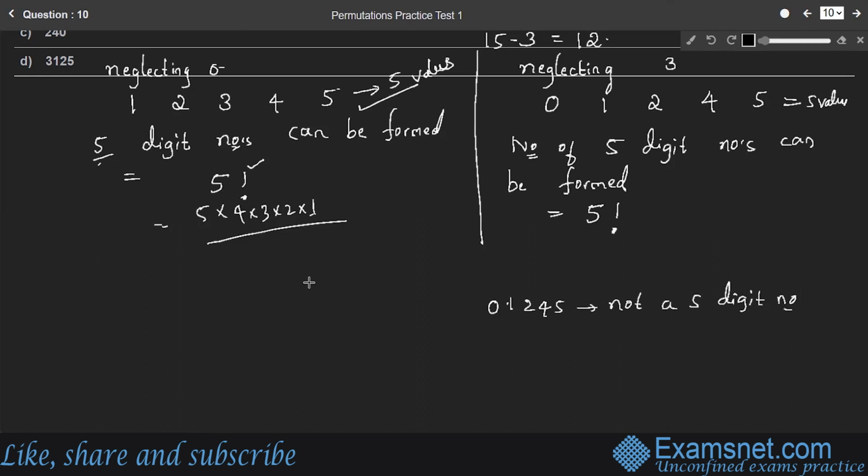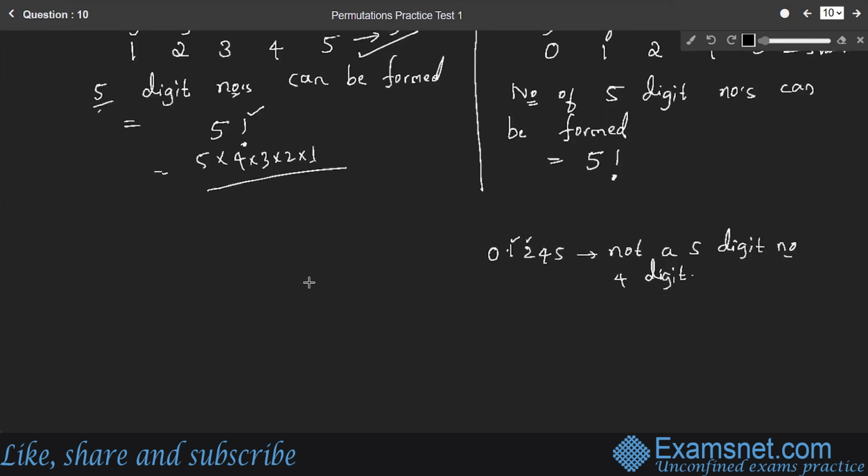Of course, it is divisible by 3 because the sum 1 plus 2 plus 4 plus 5 is equal to 12, which is divisible by 3. But it is a 4-digit number. Therefore, there are many numbers which start with 0.